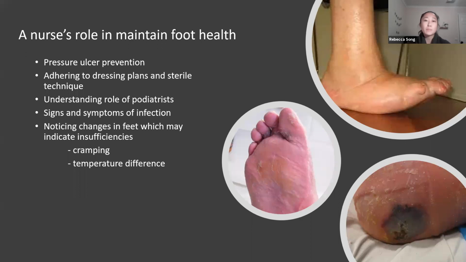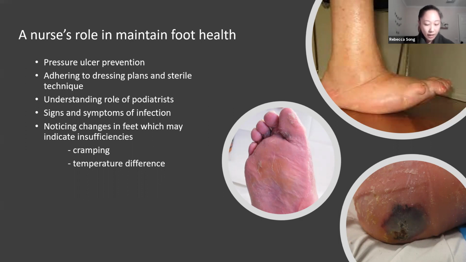Once they've got their legs up, or even above their head, it's up to the body to do that, not gravity. So if someone is complaining about nocturnal cramps, please ask them to see the GP or refer them to someone with a specialty in vascular, testing the vascular supply. Then they can do further testing to see if there's any blockage.